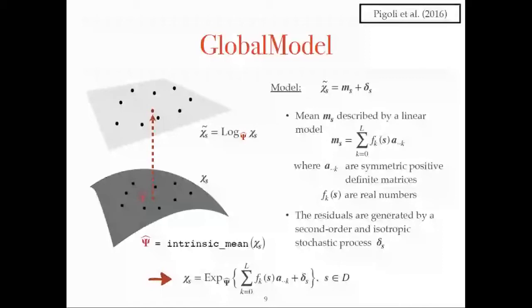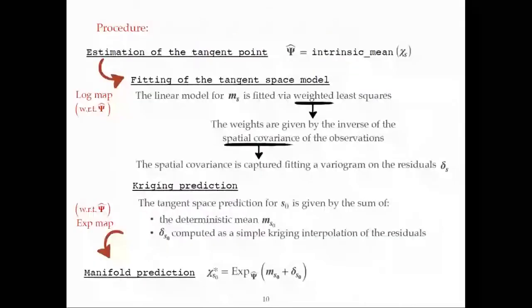Here instead, we can see the entire algorithm. Without going into much detail, it is just worth noting that the linear model on the tangent space is fitted through generalized least squares, where the weights are computed taking into account the spatial dependence of the data, captured via the variogram of the residuals.